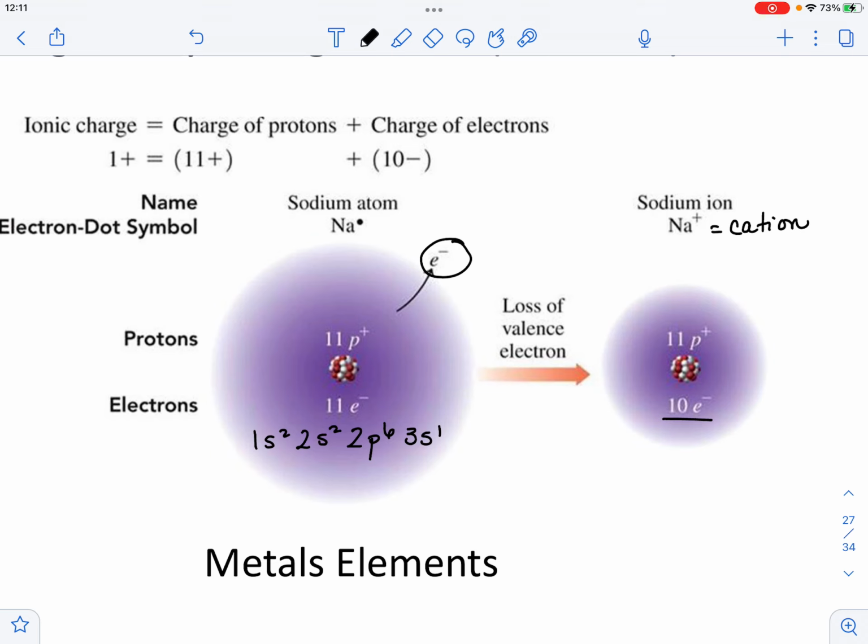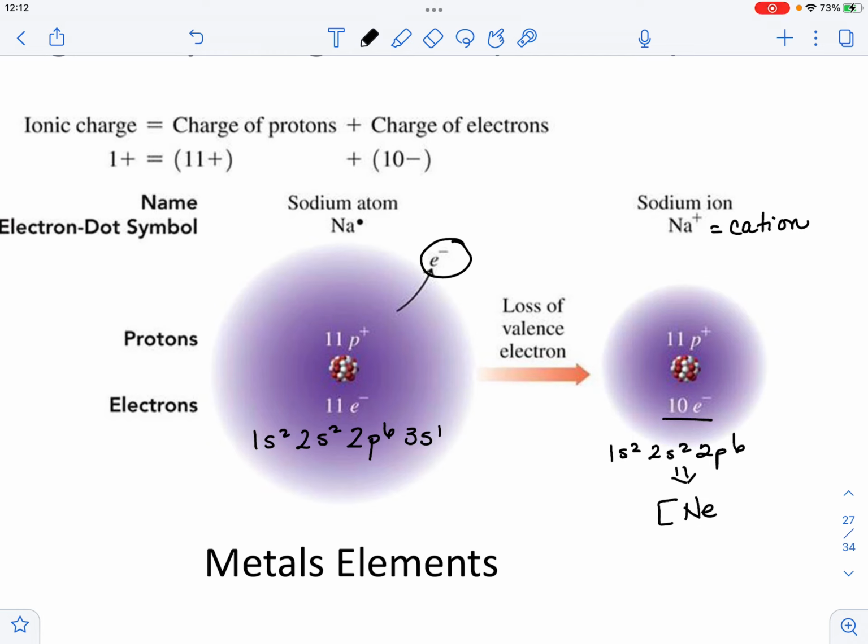So, when we write the electron configuration of those 10 electrons, this becomes 1s2, 2s2, 2p6. By exploring the periodic table, we will notice that this electron configuration also corresponds to a noble gas, specifically neon.